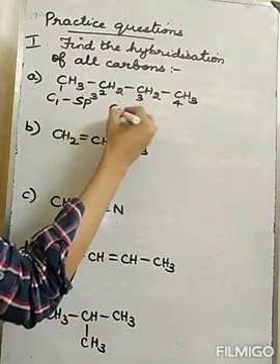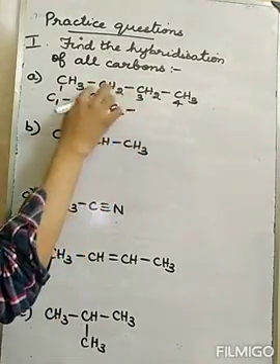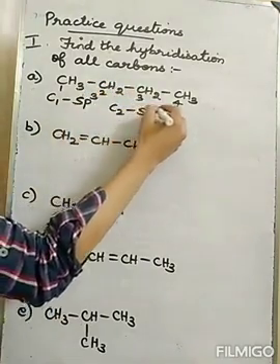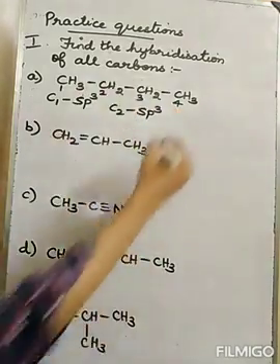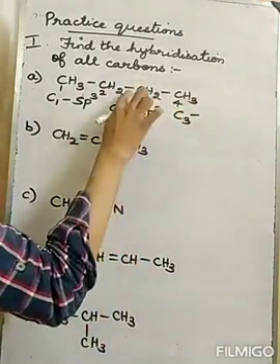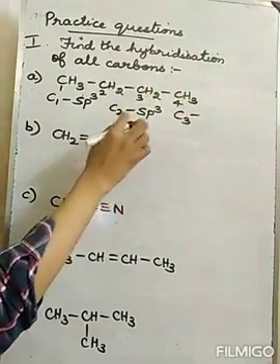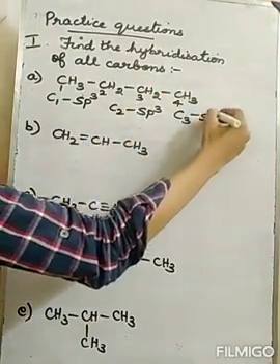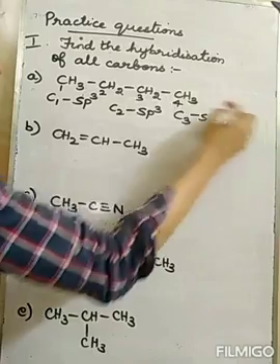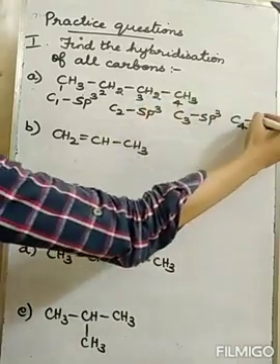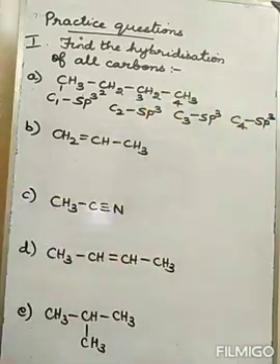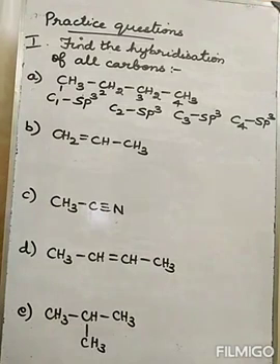And the second carbon, it is also having single bonds. So this is also sp3 hybridized. And third carbon also, it is having only single bonds around it. So it is sp3 hybridized. And fourth carbon also, it is having only single bonds around it. So that is also sp3 hybridized.